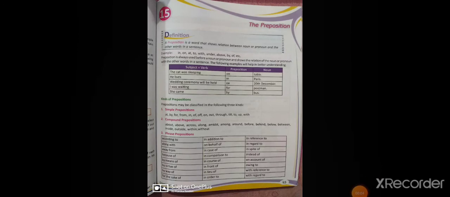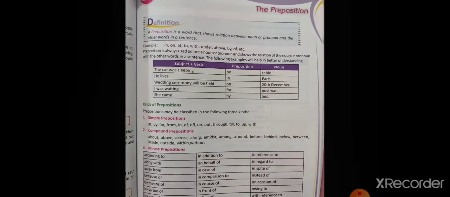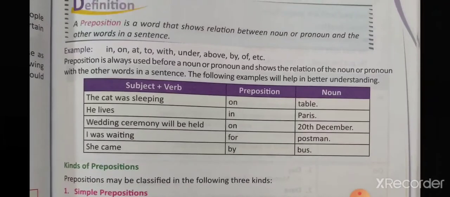A preposition is a word that makes a relationship between a noun and a pronoun with the use of a single word. For example, in, on, at, to, with, under, above, by, of, etc. These are simply words made of 2 or 3 alphabets, but these words have the power to connect sentences, or nouns with pronouns, or pronouns with pronouns.